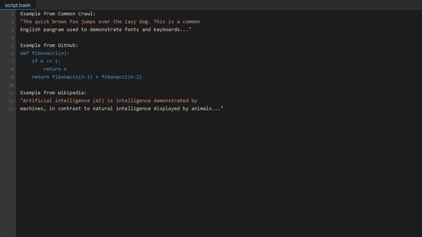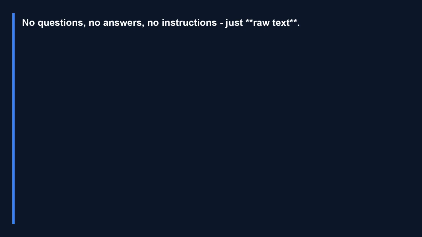By predicting the next token across wildly different contexts, the model is forced to internalize the underlying structure of language itself, not just surface patterns from one domain. No questions, no answers, no instructions, just raw text. The model has no concept of being helpful yet.